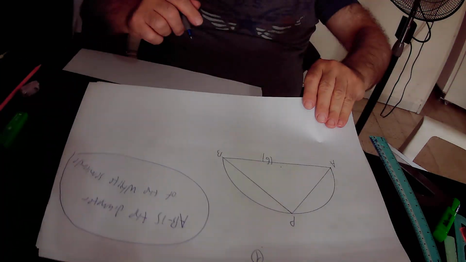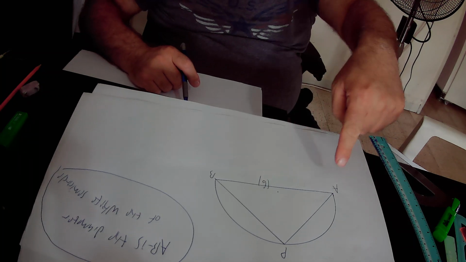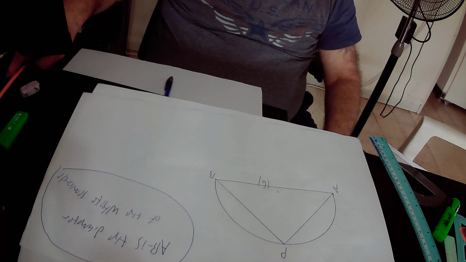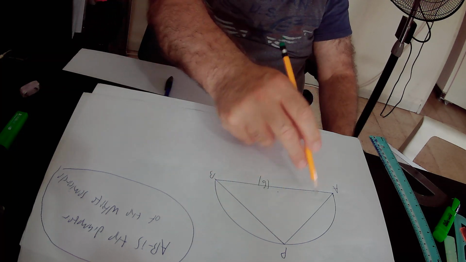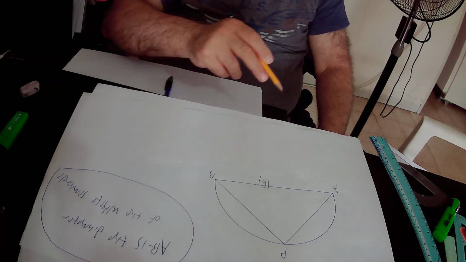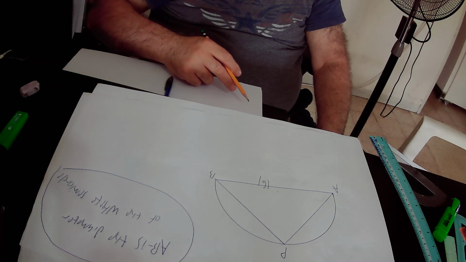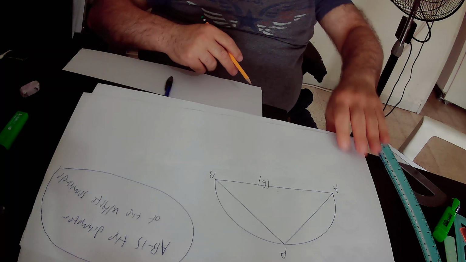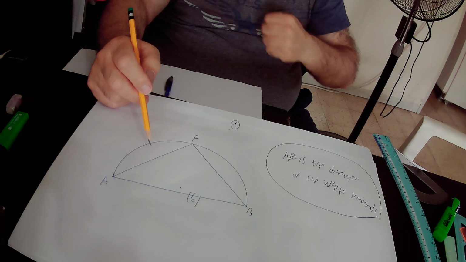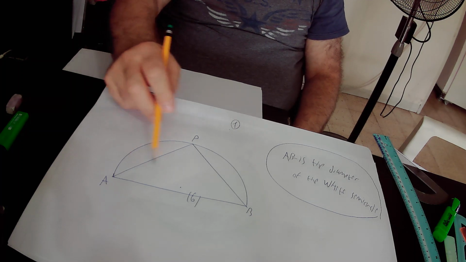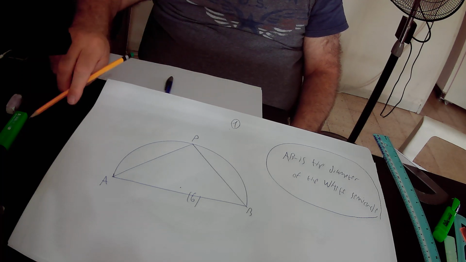By joining points P and B together by a straight line, we created peripheral angle APB. This is peripheral angle APB, and it is subtended on AB, that is the diameter of this semicircle, and therefore we can implement here rule 7.